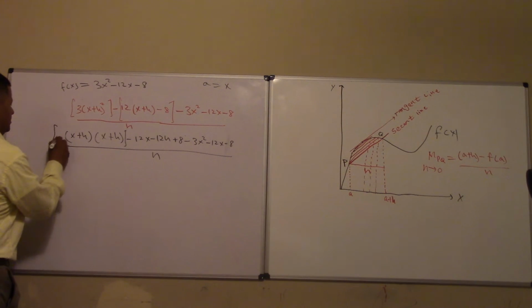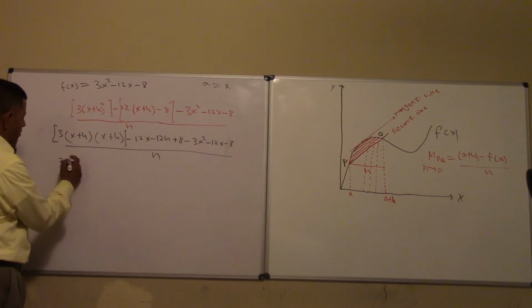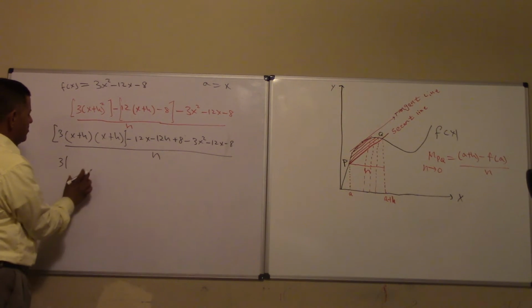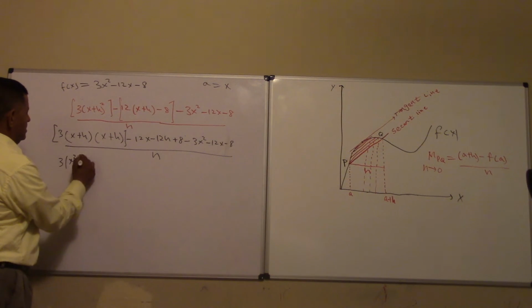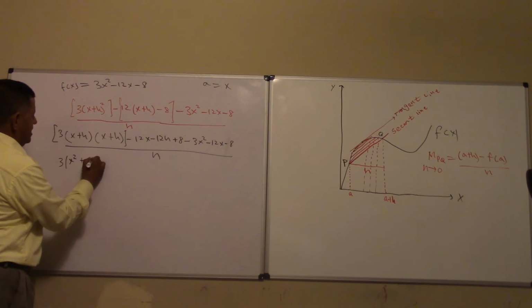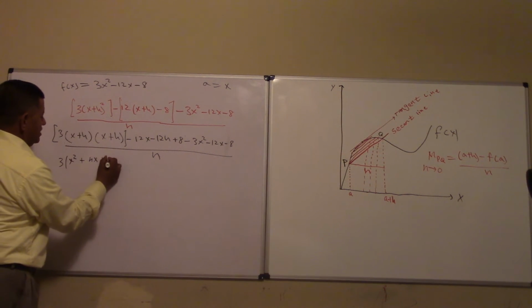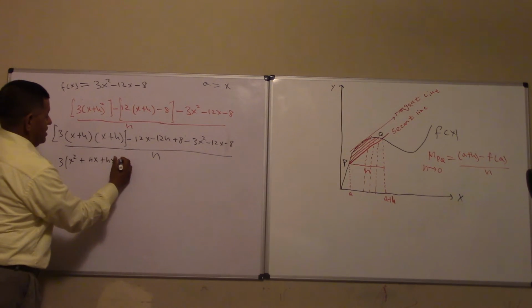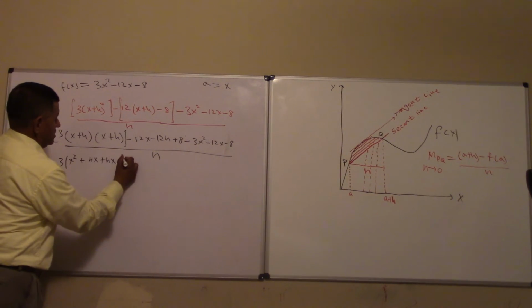So I want to distribute this part and get rid of the brackets. I get x squared, this times this, plus hx, this times this, and then hx plus hx, and this times this is h squared.